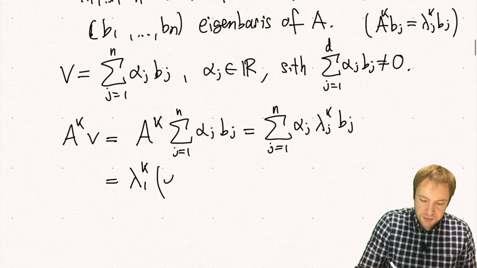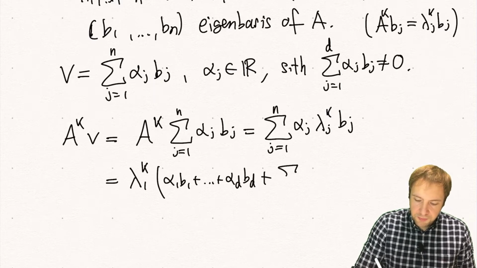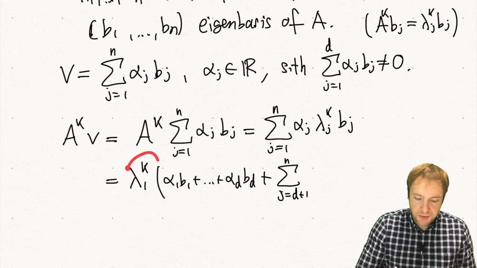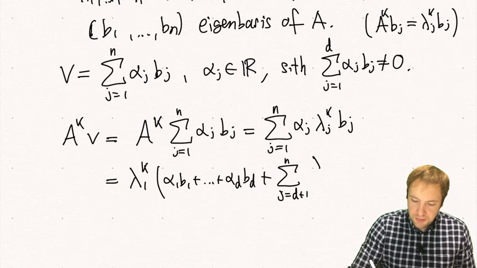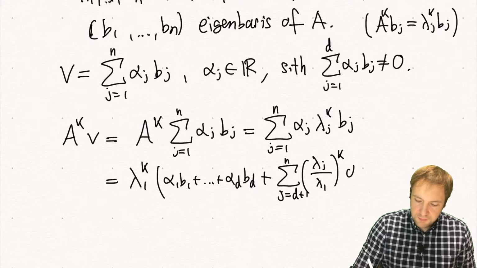Therefore the first sum here is just alpha_1 b_1 up to alpha_d b_d, plus, and now I have the rest where j runs from d plus 1 to n. And because I factor out this lambda_1, I have lambda_j divided by lambda_1 to the power k, alpha_j b_j.